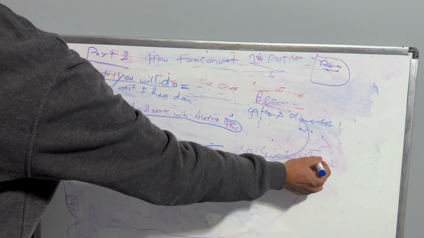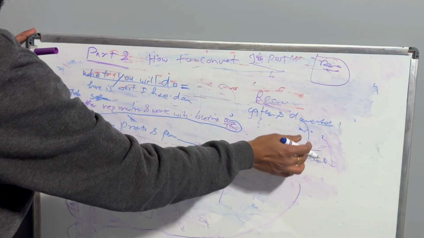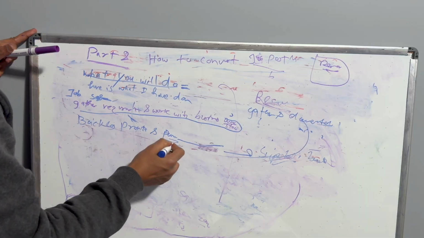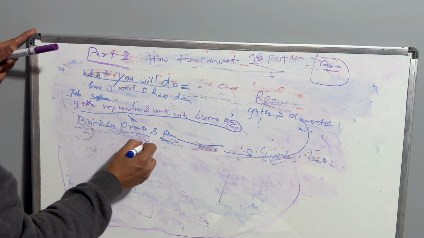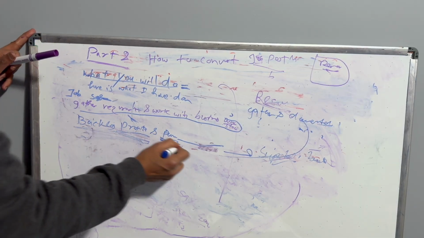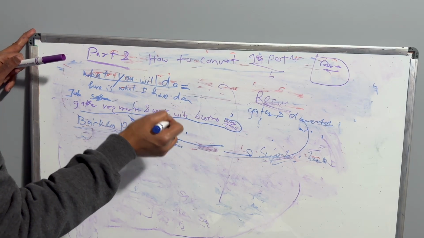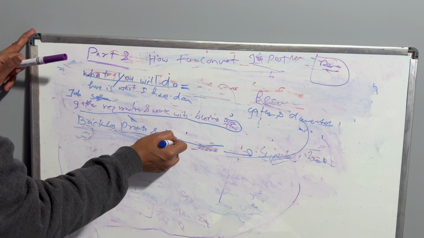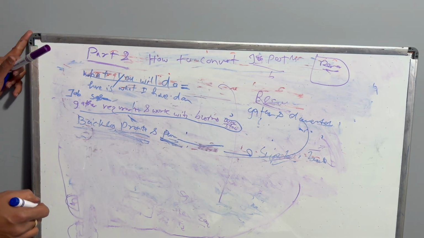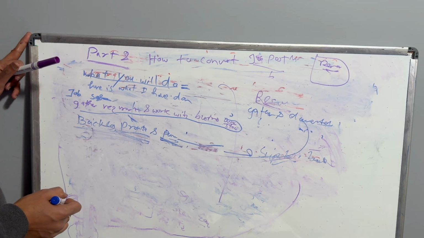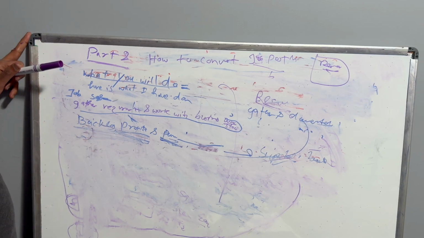Supported backlog prioritization, sprint planning. Take the word backlog prioritization. It's there. It's the answer sheet. Supported backlog prioritization and sprint planning activities in collaboration with the product owners, right? You just convert, right?